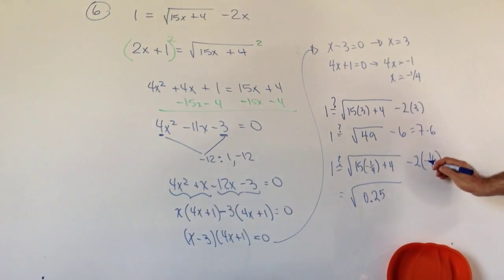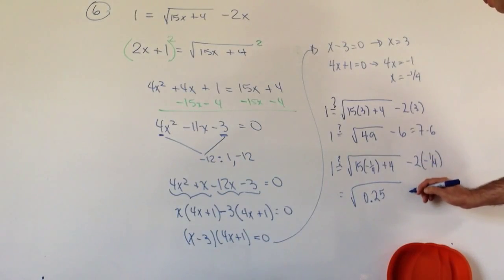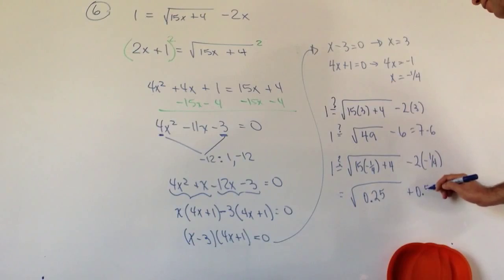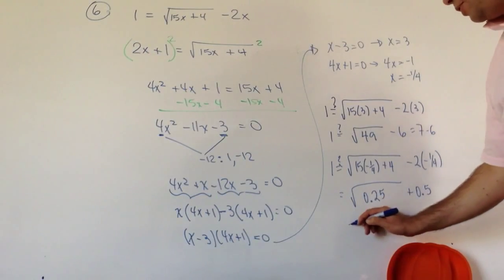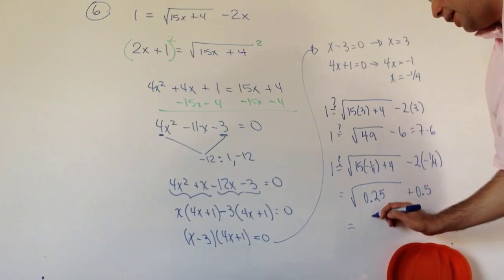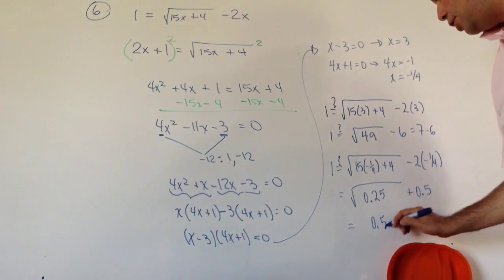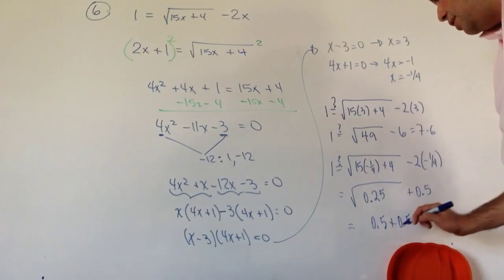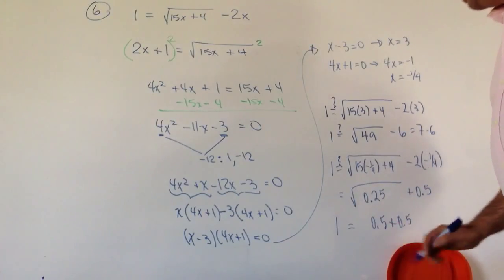And negative is positive, so 2 times 1/4 is 1/2, plus 0.5. The square root of 0.25 is 1/2. So this is 0.5 plus 0.5. So it does indeed equal 1.